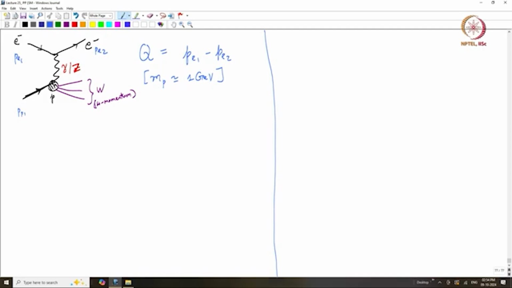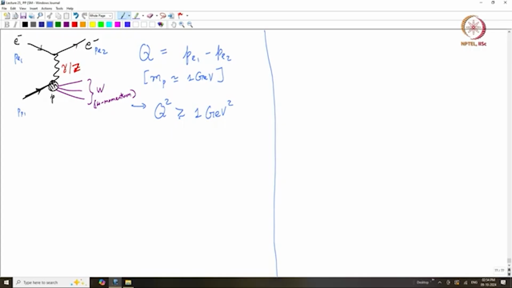Okay. So that means if my momentum transfer is larger than a GeV, or said differently, if the momentum transfer squared, okay, we will see why we are squaring it soon, it turns out to be a more useful quantity.